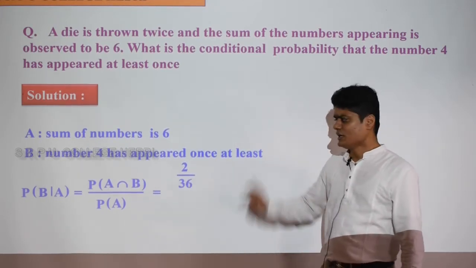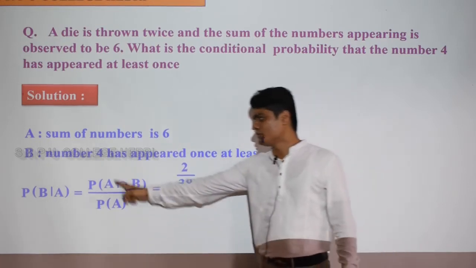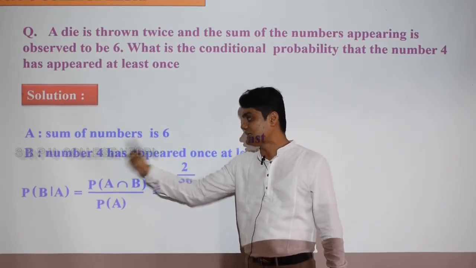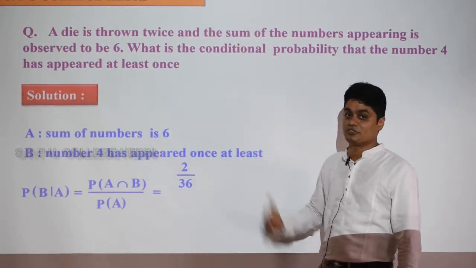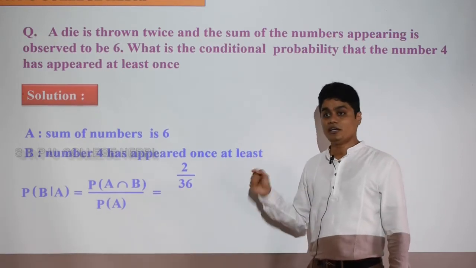Do you understand? Only two outcomes are possible for both: the sum is 6 as well as 4 appeared at least once. Which outcomes? 4 2 and 2 4.